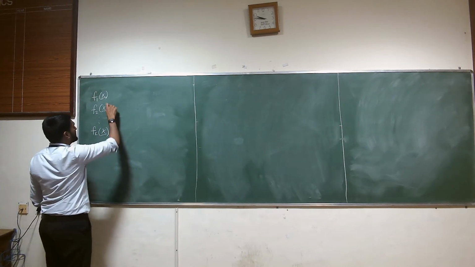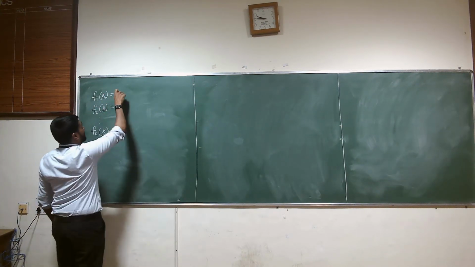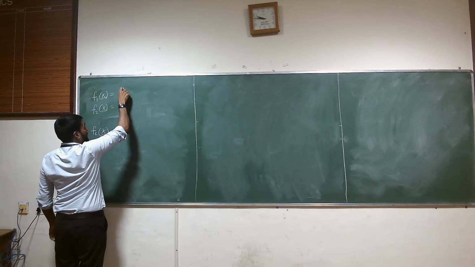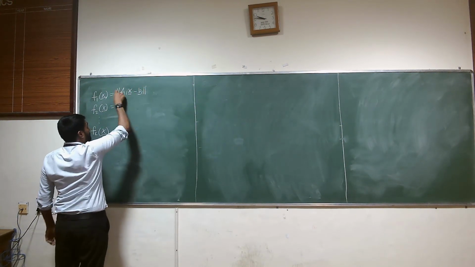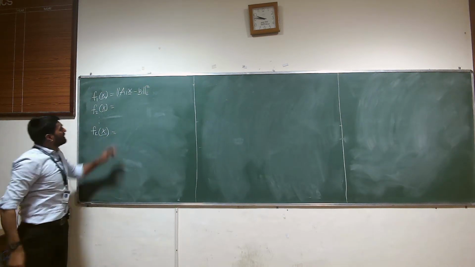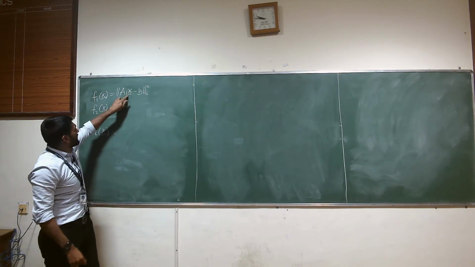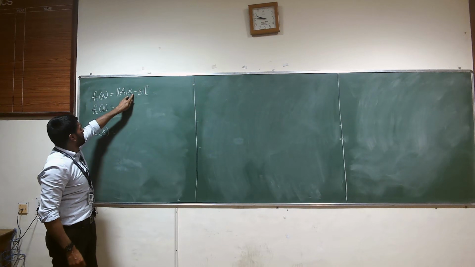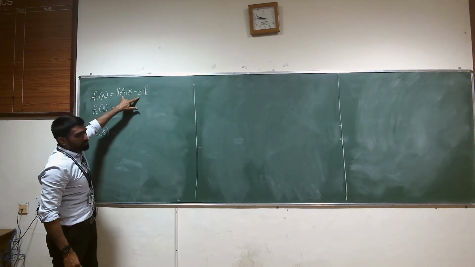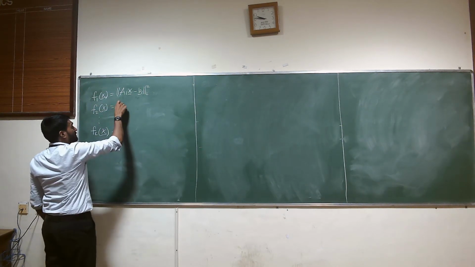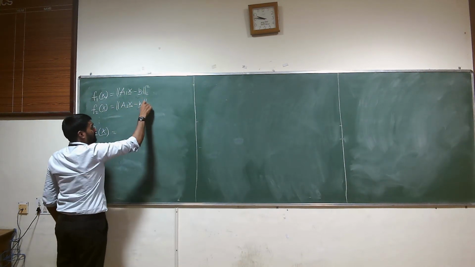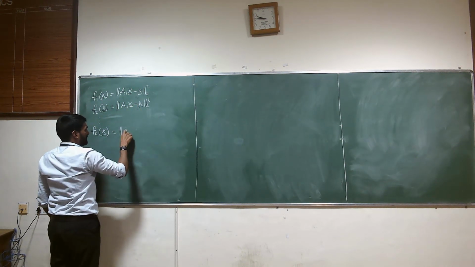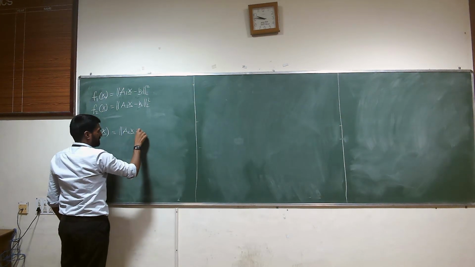Because we are only focusing on linear least squares, let's say all of them are of this form: a1 x minus b1 squared. So my first criterion involves some a1 matrix and b1 matrix and relates to my x this way, and I need to minimize these. The second one could be a2 x minus b2 squared, a3 x minus b3 squared.